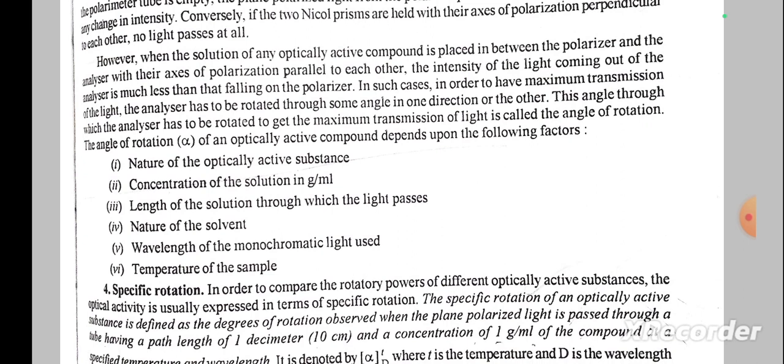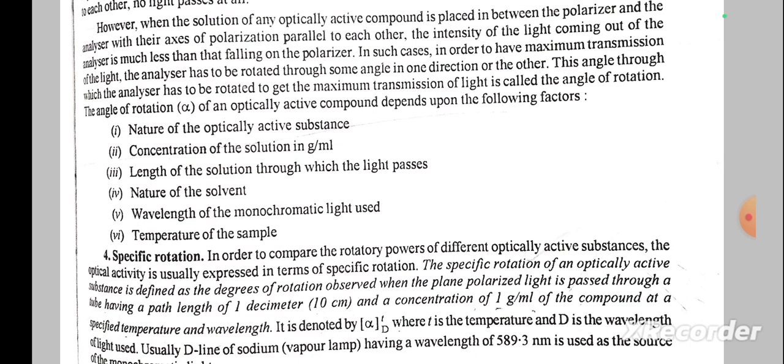In such cases, in order to have maximum transmission of light, the analyzer has to be rotated through some angle in the direction of the other. This angle through which the analyzer has to be rotated to get the maximum transmission of light is called the angle of rotation.